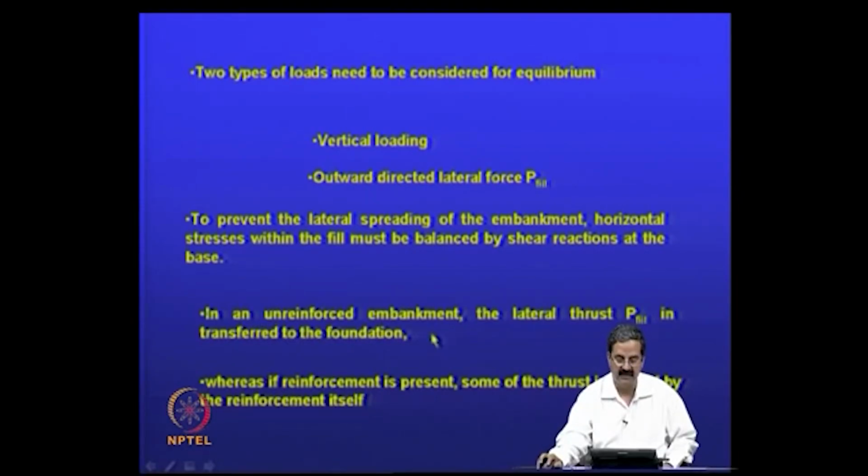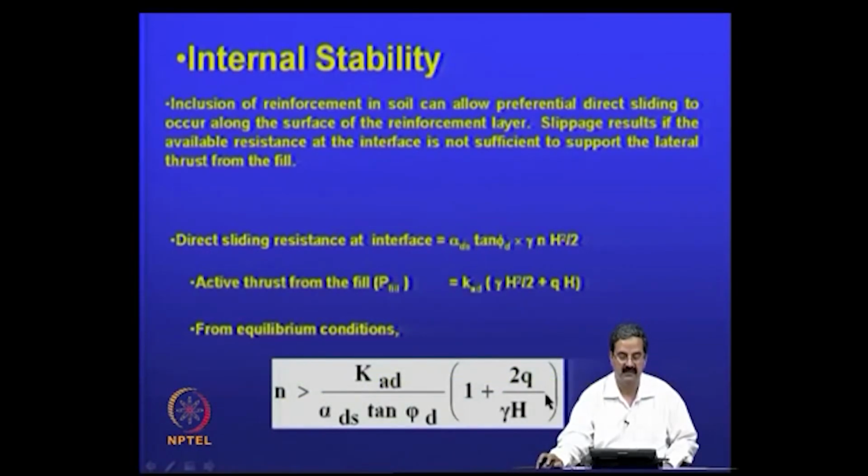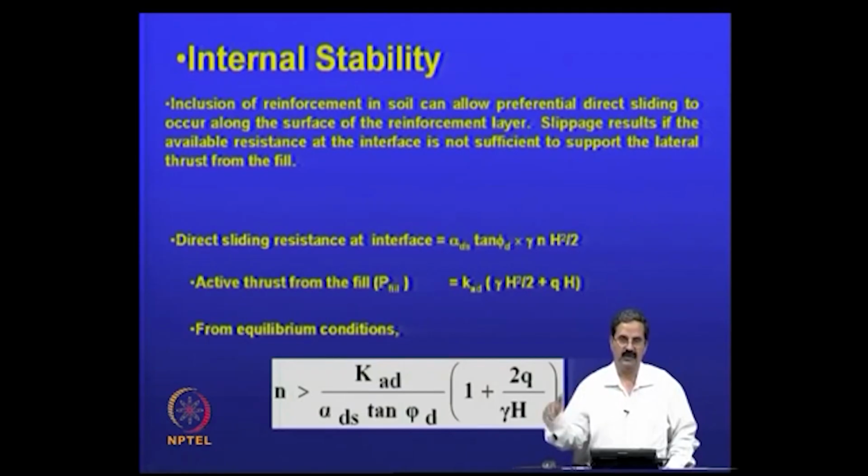In an unreinforced embankment, the lateral thrust from the fill is transferred to the foundation, whereas if the reinforcement is present, some of the thrust is carried by the reinforcement itself. That is a nice thing: you are trying to balance the outward shear stresses and the inward shear stresses.